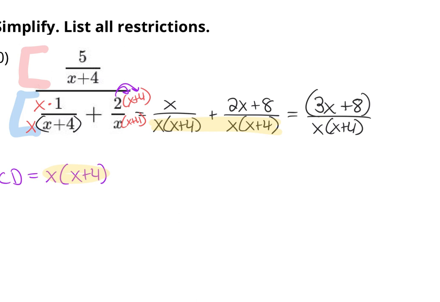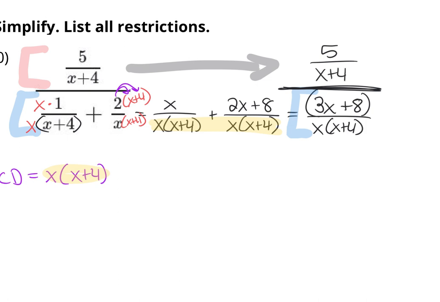This one is our new denominator. I didn't have to touch the top, so we're just going to slide that guy over. So I have my division sign that slides over and my 5 over x plus 4. I now have a numerator and a denominator.